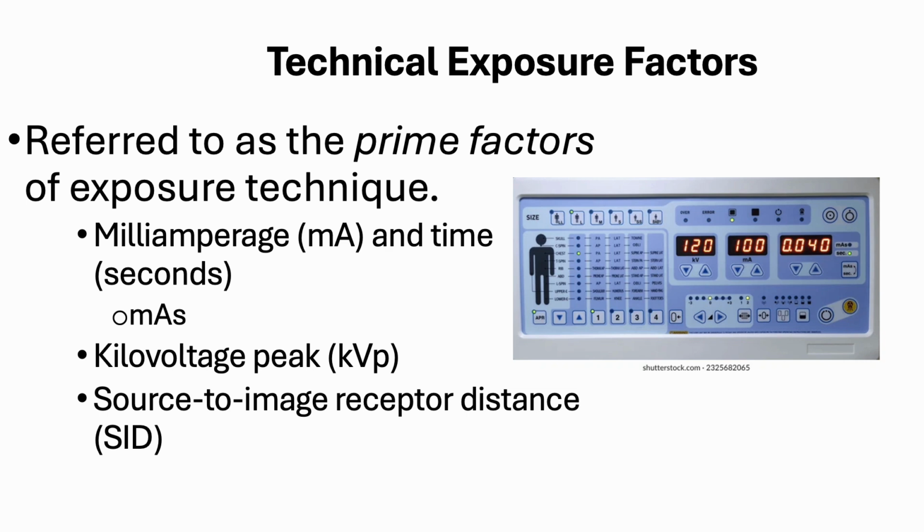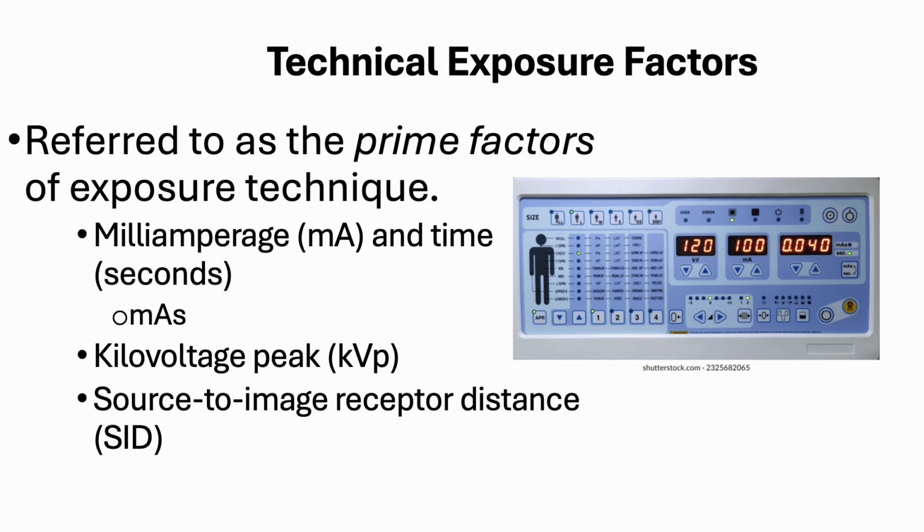And keV is the energy of the photon that was made by the accelerated electron. So the kVp accelerates the electron from the cathode to the anode. Once they are decelerated, energy is released in the form of a photon. That photon, if we have to measure it, guess what? It's keV.